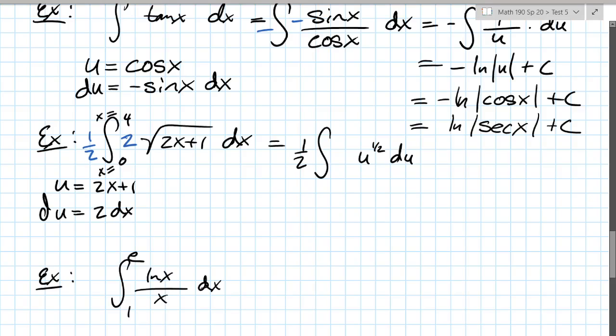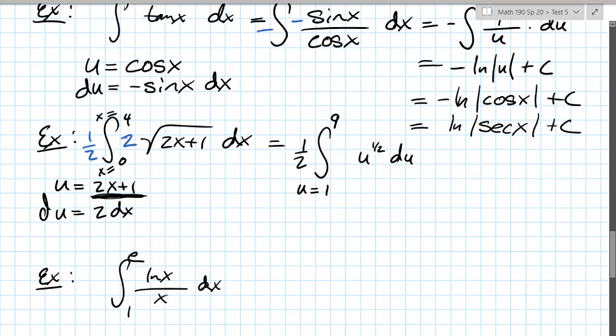U has something to do with x's. So I need to know when x is 0, what is u? Well, substituting in our u equals, if we set x equal to 0, u equals 1. If we set x equal to 4, 4 times 2 plus 1 is 9, u equals 9.